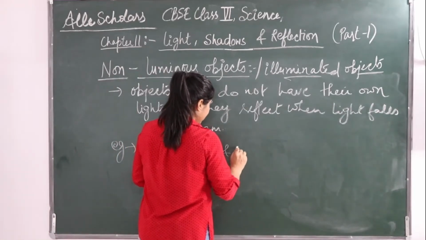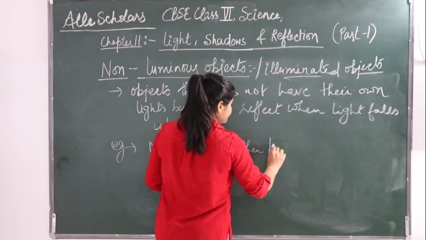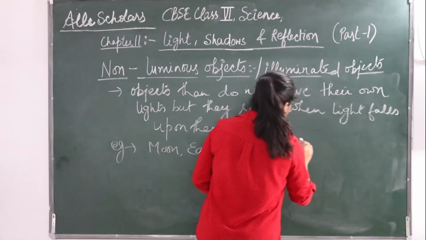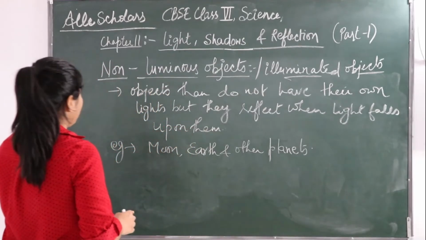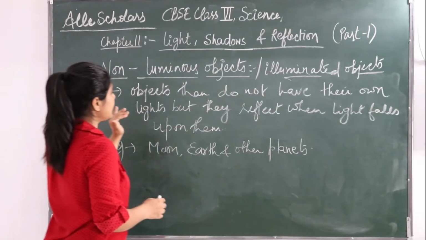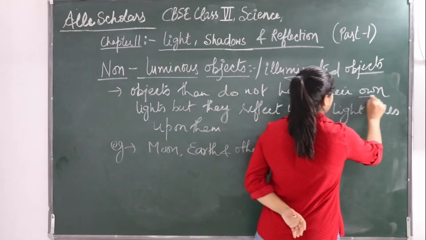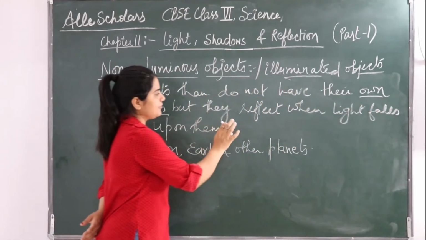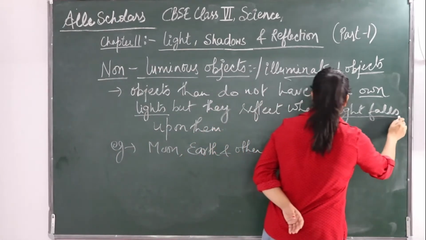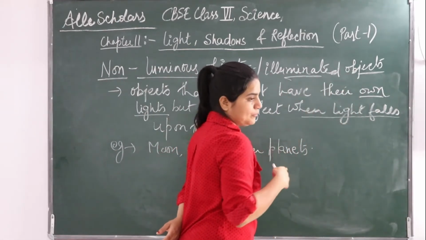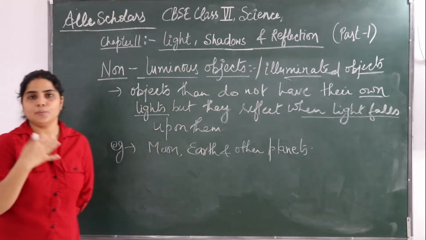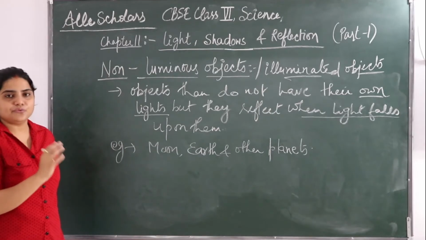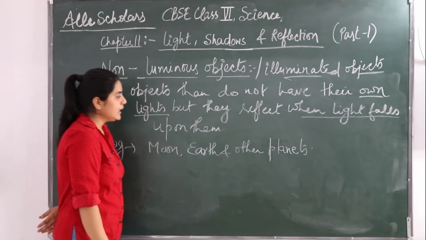So earth and other planets are examples of non-luminous or illuminated objects that do not have their own light. They do not have their own light, but they reflect when light falls upon them.